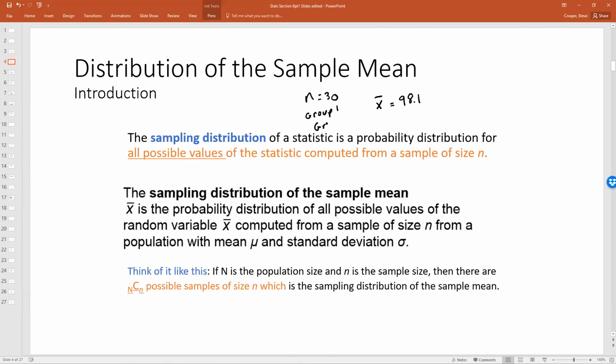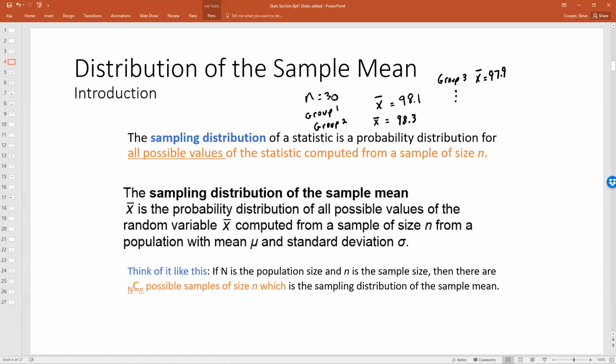Then I go get another group of 30 students, and I calculate the mean temperature from that group, and it comes out to be, say, 98.3. And I go get another group of 30, and I calculate their X bar, and that turns out to be, say, 97.9, and so on. There's only so many unique groups of 30 that I could get from the population of all students at Cali College.